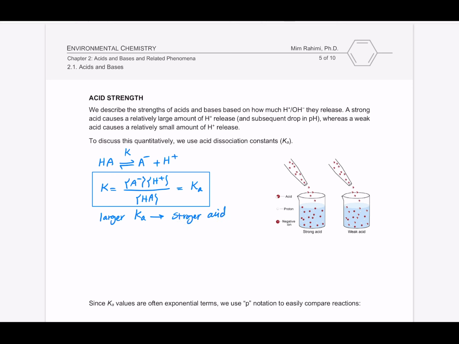And we can define a threshold to decide whether this is a strong or weak acid by looking at Ka. Ka greater than 10 to the minus 2 is basically a strong acid. For example, for HCl, Ka is 10 to the power of 3, so a very strong acid. And Ka less than 10 to the minus 2 would be a weak acid.